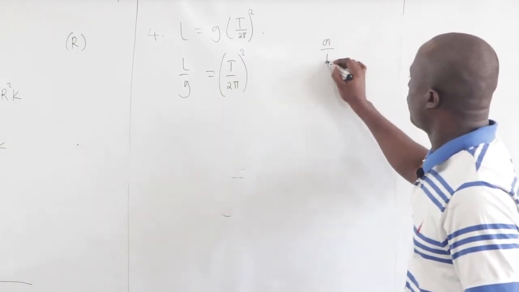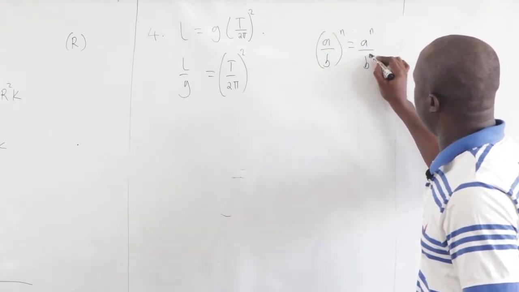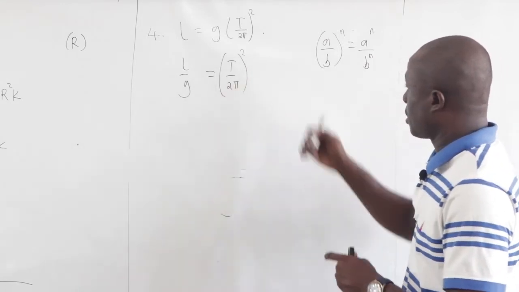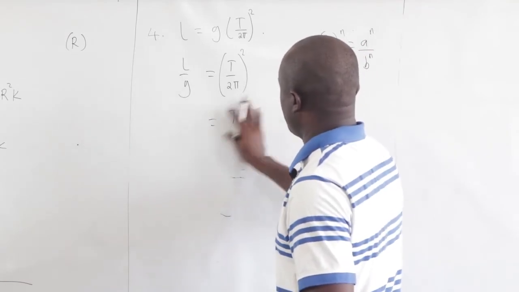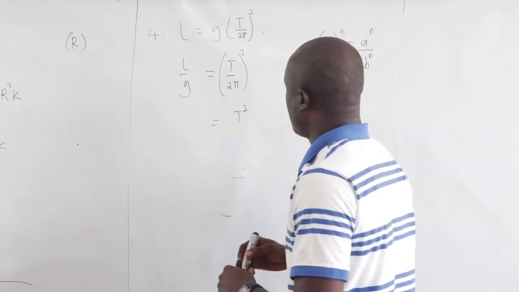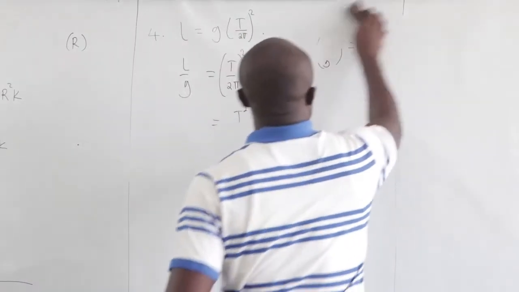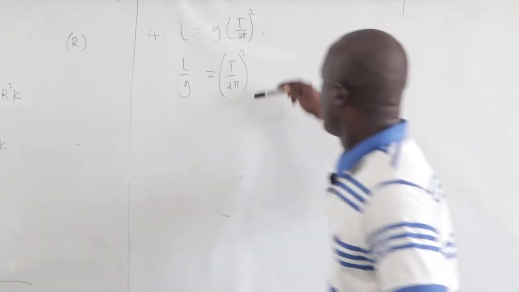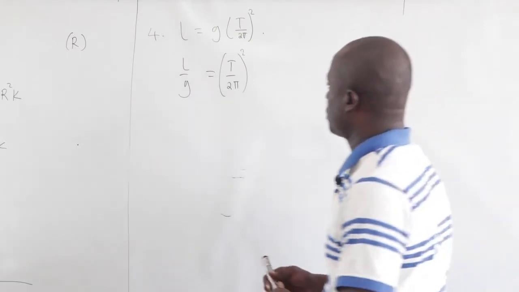We know from index, if you have a over b all to the power n, this is a^n over b^n. So this square can change to square root. You can take the positive square root.